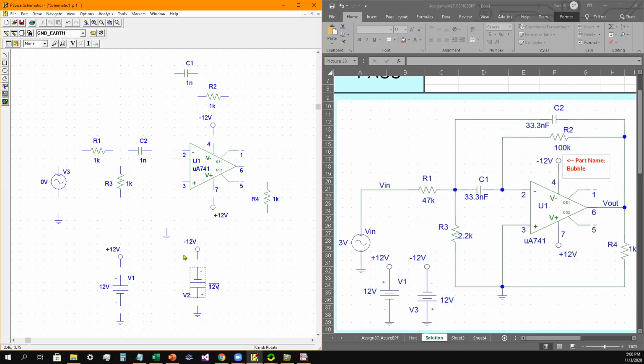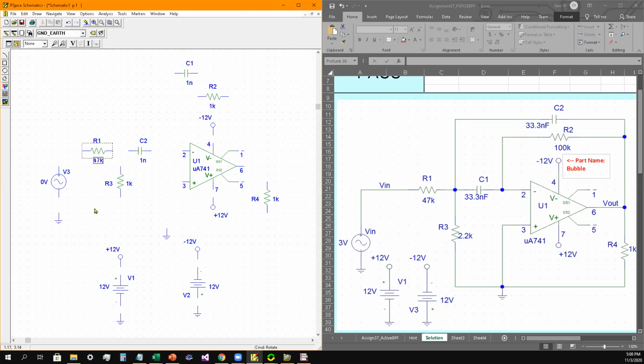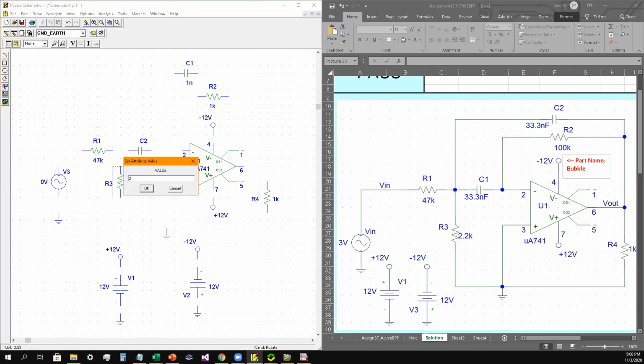All right, next thing we want to do, R1 is to be 47K. And then R3, 2.2K. And then C1 is 33.3 nanofarad, so 33.3 NF for nanofarad.